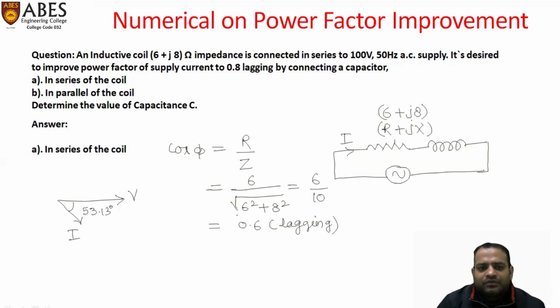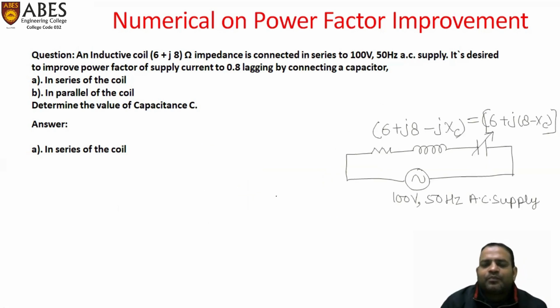Now we have to find the value of capacitance when we join a capacitor in series with this coil, so that our power factor becomes 0.8.